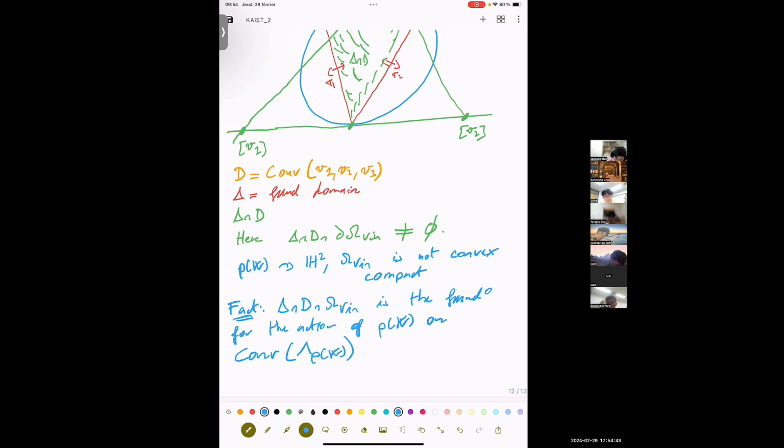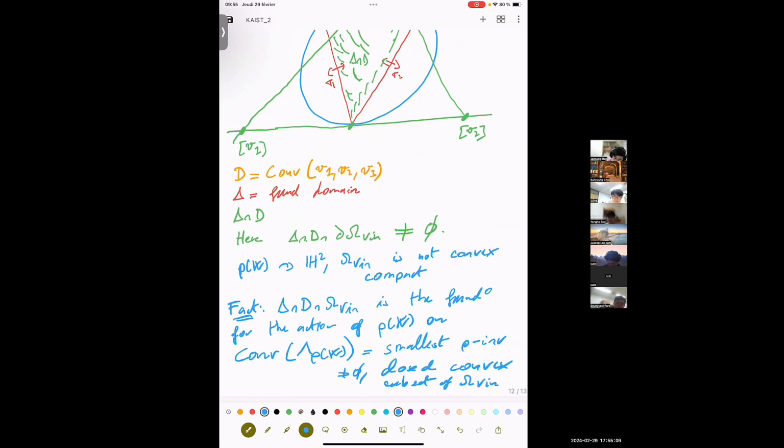Okay, so lambda rho W is the smallest rho-invariant, non-empty, closed, convex subset of omega bin. Okay.